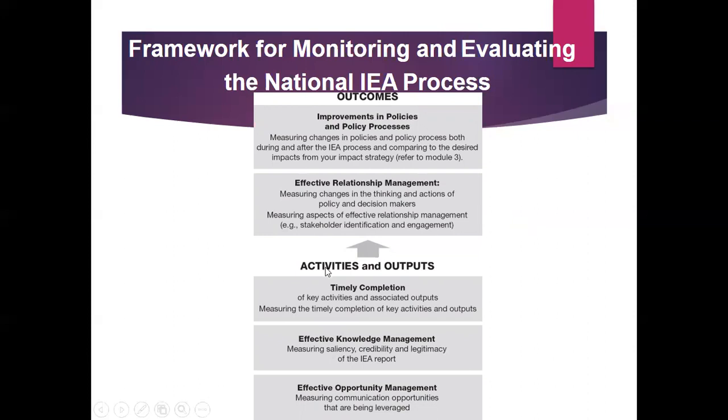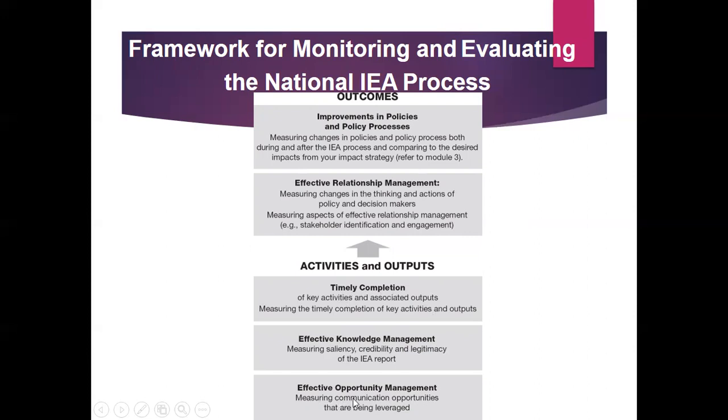So for the IEA process, we have here at the bottom our activities and outputs, right? Notice we're moving from bottom to top. So you would look at what we call effective opportunity management, knowledge management, and timely completion, and explanations as to each of them you would find here.